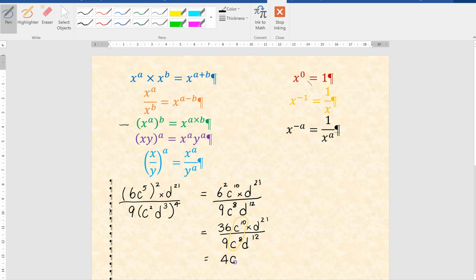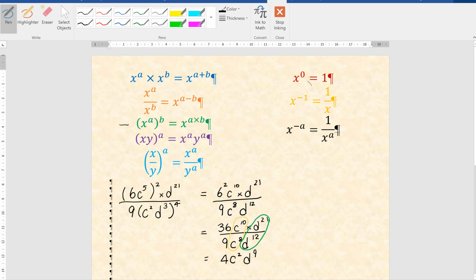So that now becomes c squared. And I can do the same thing with the d. I can look at that, and we can say, well, that's d to the 21 divided by d to the 12, so we have to subtract those powers. 21 take 12, and that's 9.